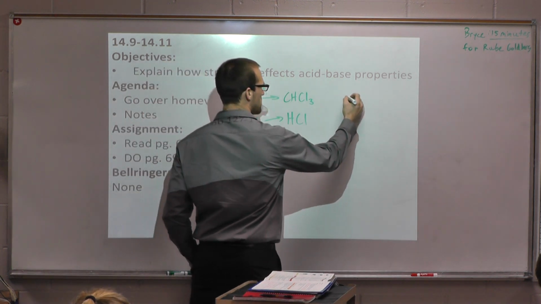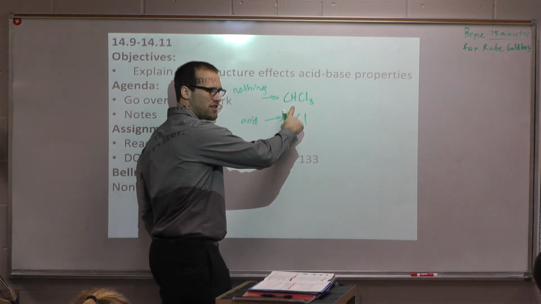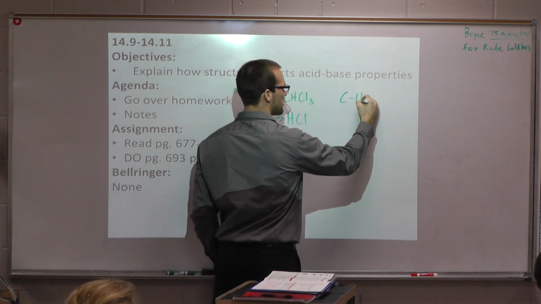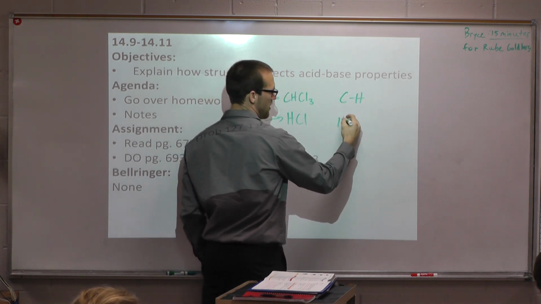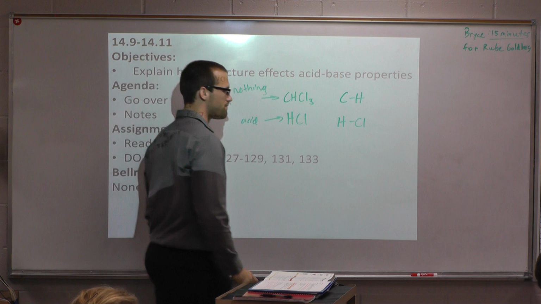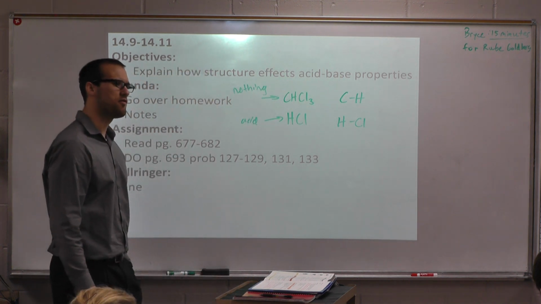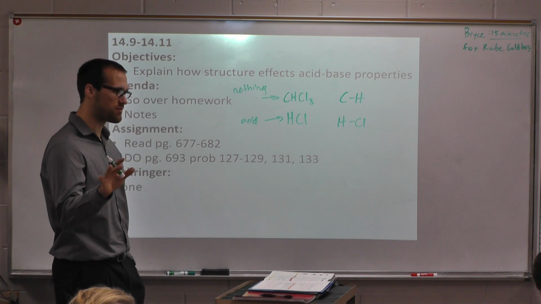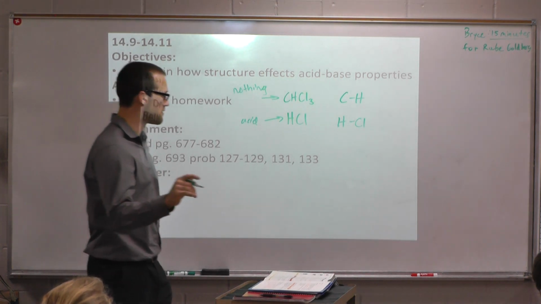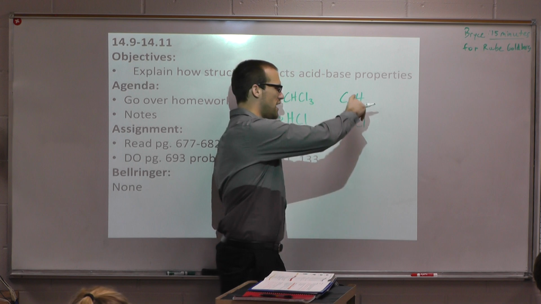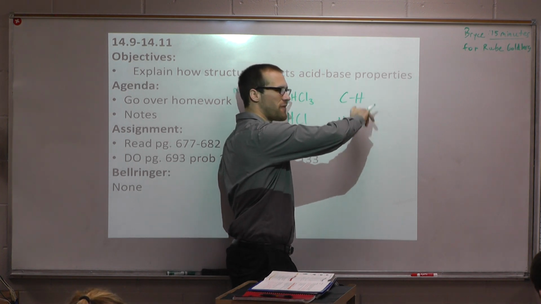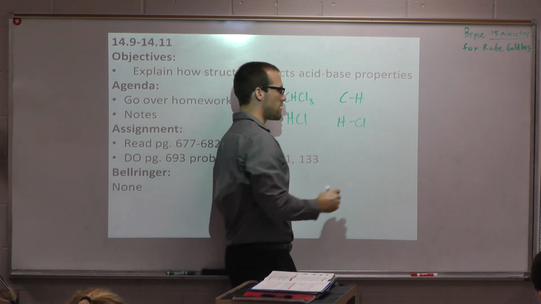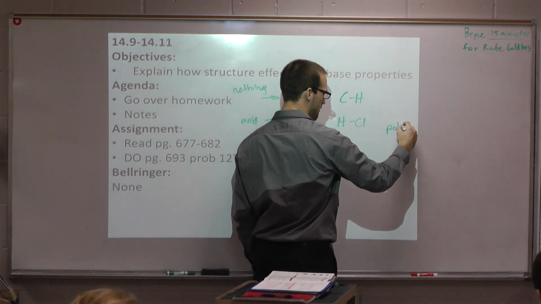If I were to draw the Lewis structure, can you picture in your head what it's going to look like? The top is a carbon-hydrogen bond, and here we just have our hydrogen-chlorine bond. There are two main factors, not the only ones, that affect its ability to give off that hydrogen. What is one significant difference you could point out pretty quickly? This is pretty polar.